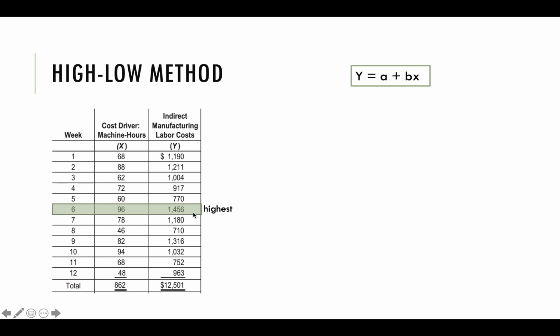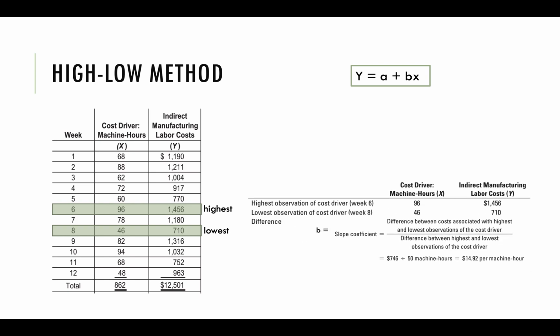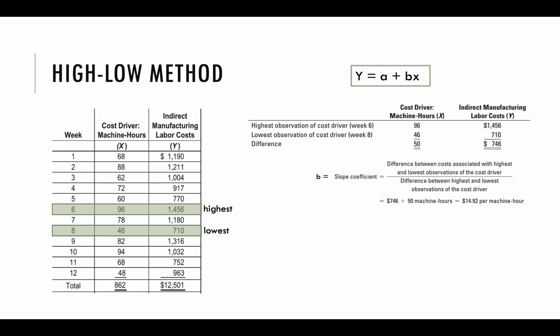Next we need to find the lowest cost driver, which is in week 8 with 14.6 machine hours. Then we find the difference between the highest and the lowest cost driver, which is 50, and we need to find the difference for the dependent variable also, which gives us $746.